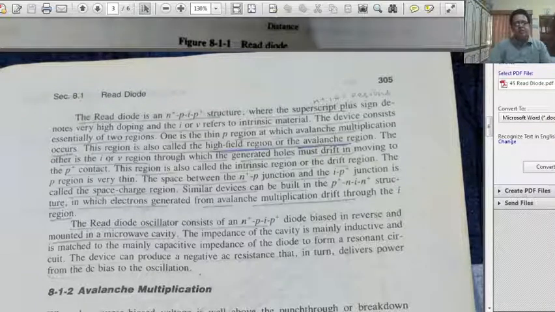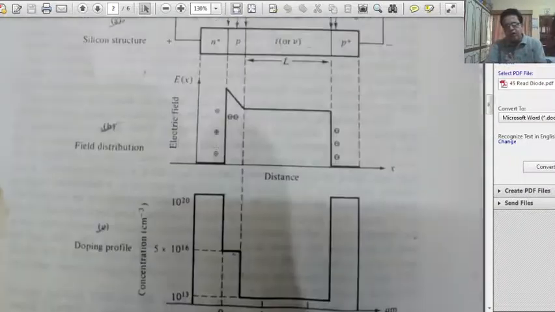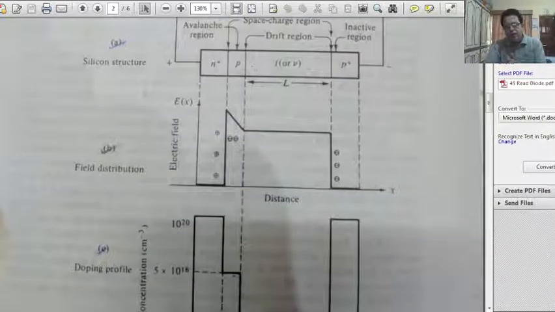The other is the I or nu region, through which the generated holes must drift in moving to the P plus contact. What is the I or nu region? Through which generated holes must drift in moving to the P plus contact.